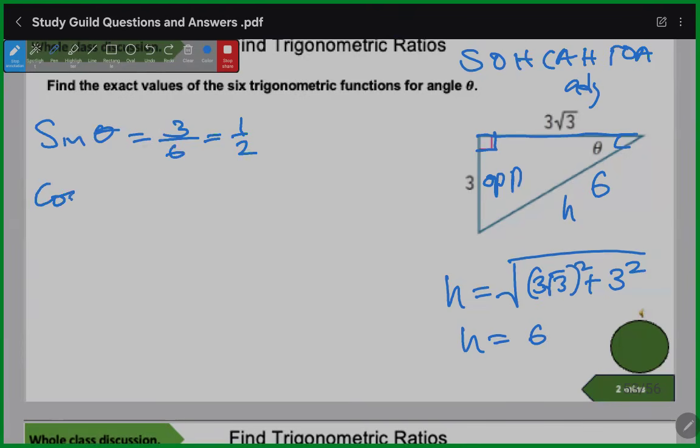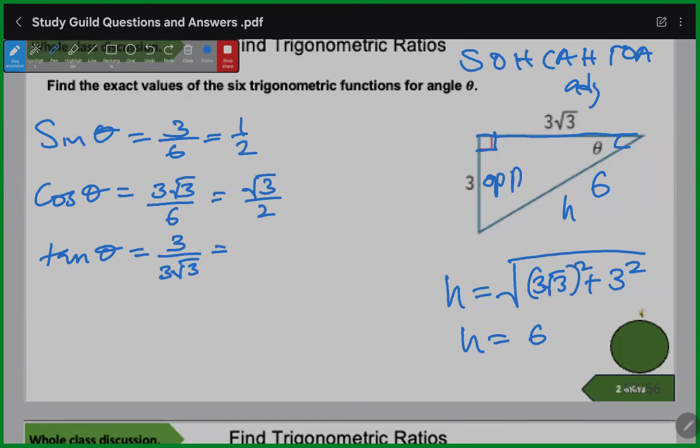You have cos theta, which is adjacent, 3 square root of 3, over hypotenuse, and that will give you square root of 3 over 2. Then we now have tan theta, which will give you opposite, which is 3, over 3 square root of 3. And if you plug this in your calculator, this will give you square root of 3 over 3.